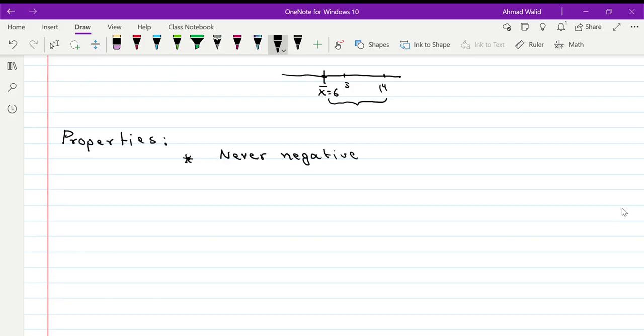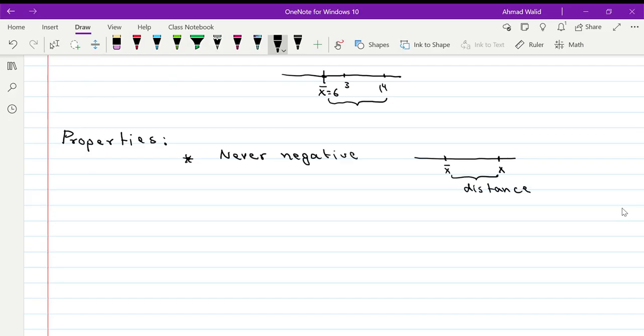Why? When I'm telling you standard deviation calculates or measures how far a data value, this is my x, data value, we name it x, how far this x is from the mean, I'm talking about distance, correct?